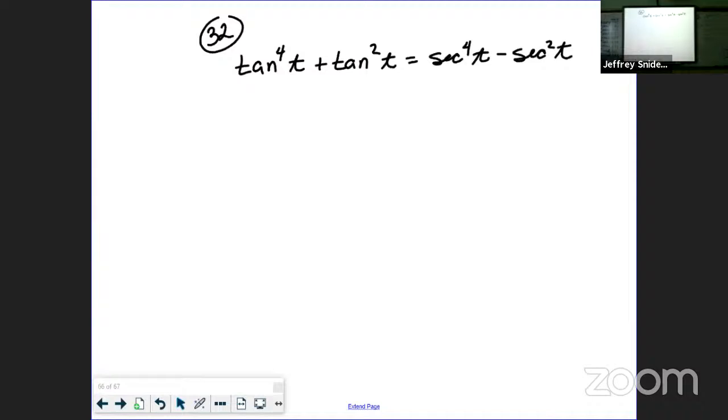If it's like x squared plus x, if you multiply both of them by x, you get x to the fourth plus x squared. Like this is what I have here: secant cubed t minus secant t, and it's one exponent on both of them.